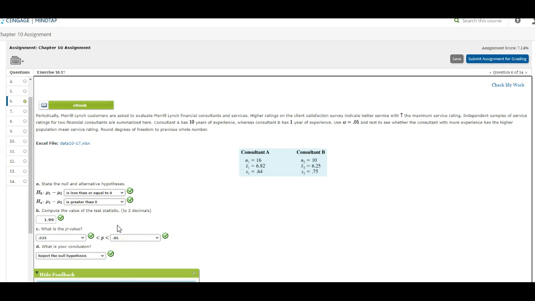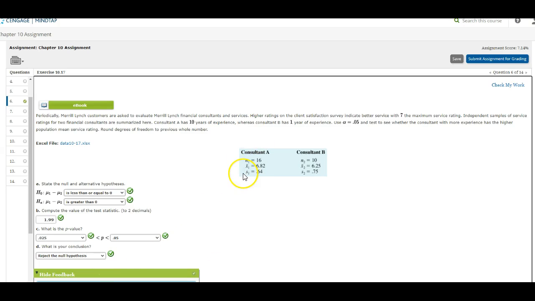You have to calculate the degrees of freedom, which they don't ask for, but they want you to recognize that you have to calculate that really hairy degrees of freedom equation in order to answer part C. Once you've done that, then you can conclude that you do have significant evidence at an alpha of 0.05 to reject the null hypothesis and conclude that the difference is greater than 0.